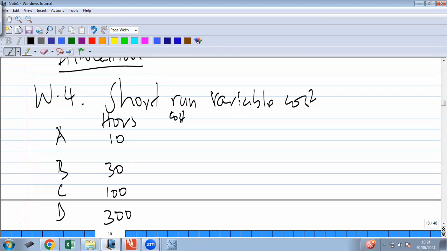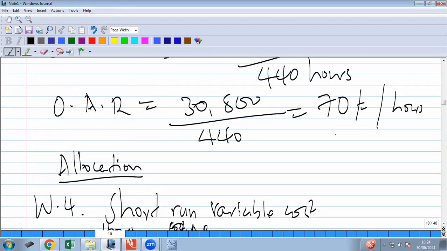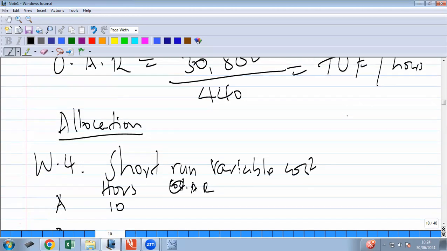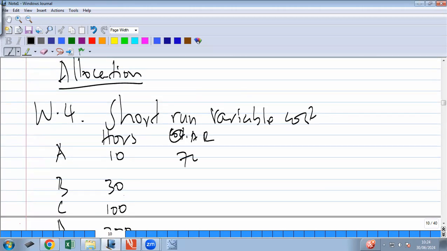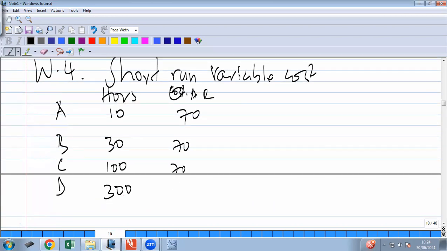They are our overhead absorption rate. Confirm, is this 70 or 7? 70, right? So we are going to have 70, 70, 70, and 70. What is the total here? We have 700, correct?